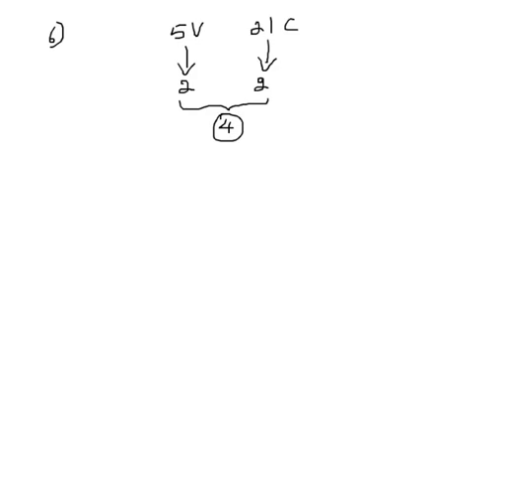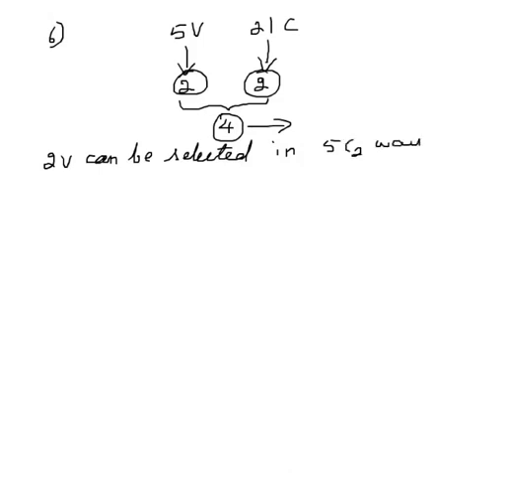So we will do the selection first. We will select 2 vowels and 2 consonants, and totally we will have 4 alphabets, and we will arrange these 4 selected alphabets. So 2 vowels can be selected out of 5 vowels in 5C2 ways, and 2 consonants can be selected out of 21 consonants in 21C2 ways.